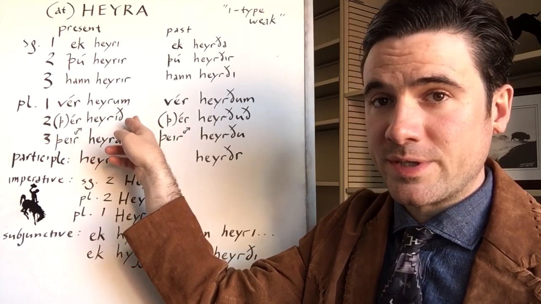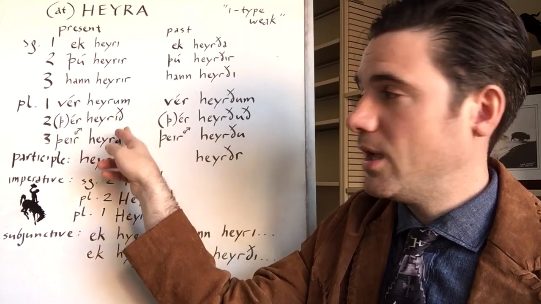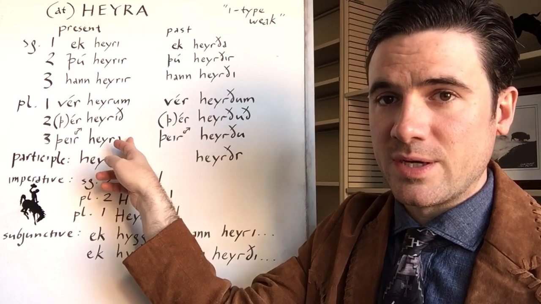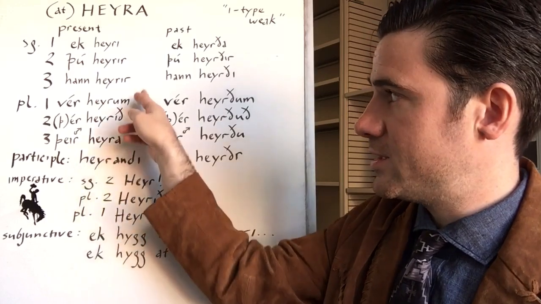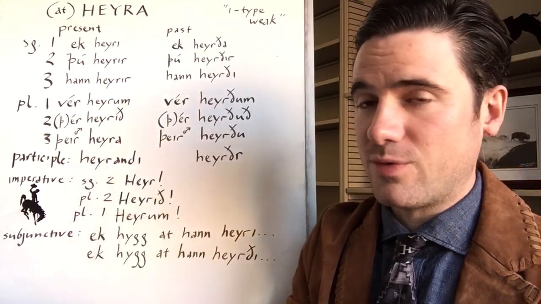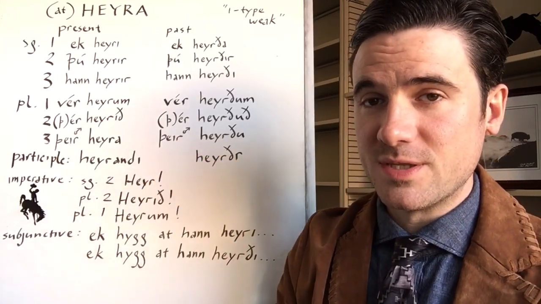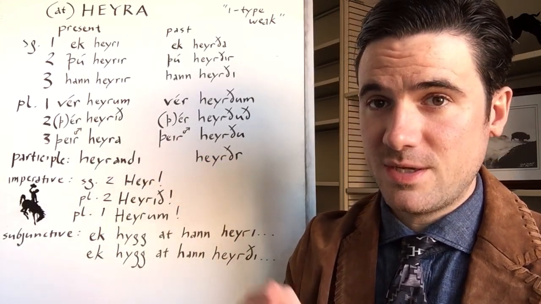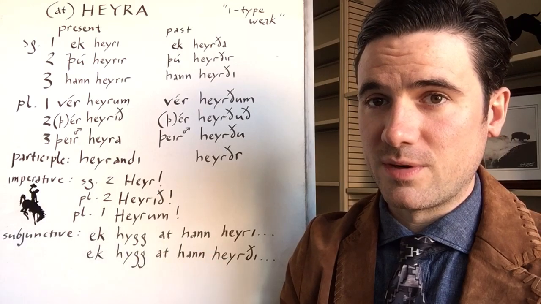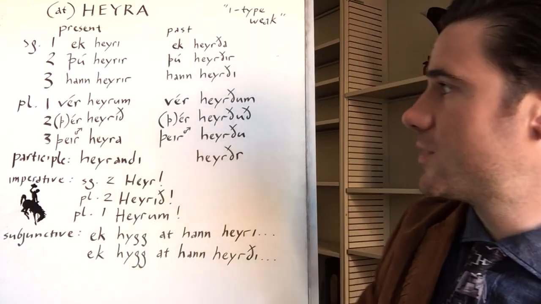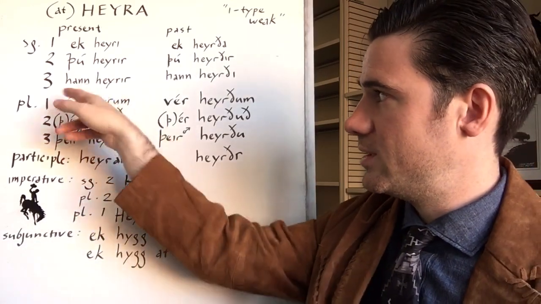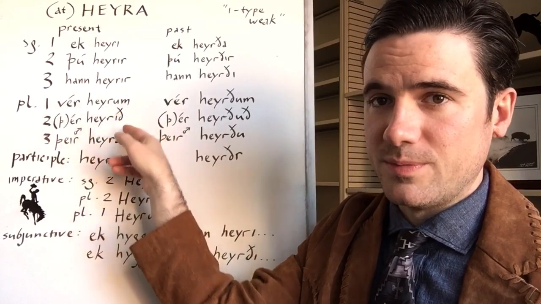Þeir høyrið, they hear, y'all hear. And þeir høyra, they hear. These endings, um, ið, a, for the plural present, are going to be the same for all verbs again, except vera, to be, and the preterite present verbs. So you can always kind of fill in this part of the square with um, ið, a.